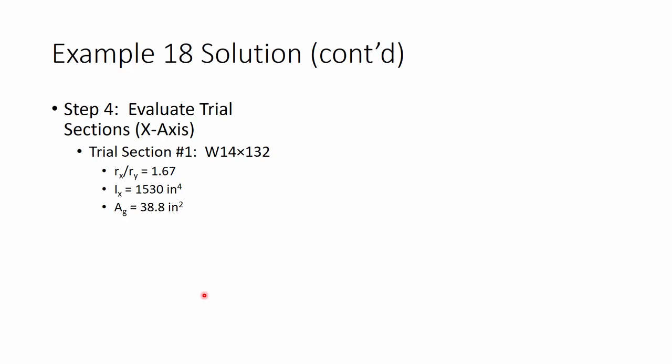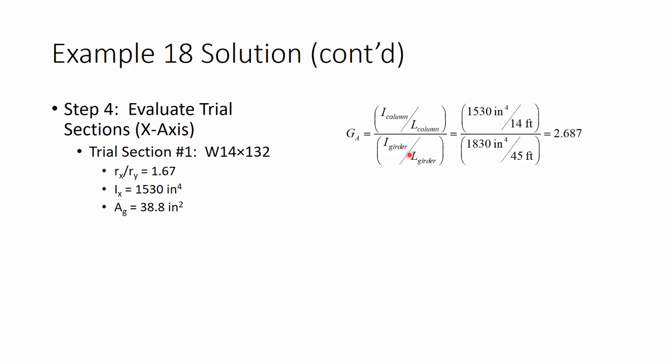If you recall, I just went ahead and copy and pasted the section properties for this column: the Rx over Ry, the Ix, and then the area. In order to compute K, because that's really what we're after, we have a few calcs to do. The first thing we've got to do is compute that G value. So we take the I over L for the column and the I over L for the girder.